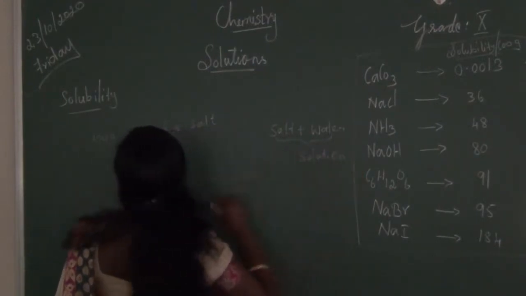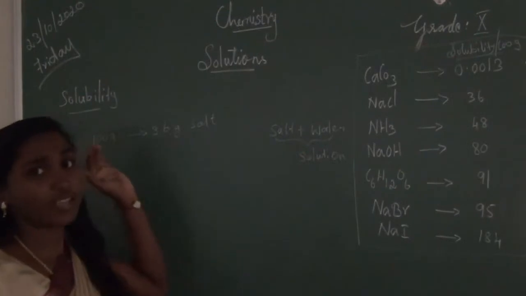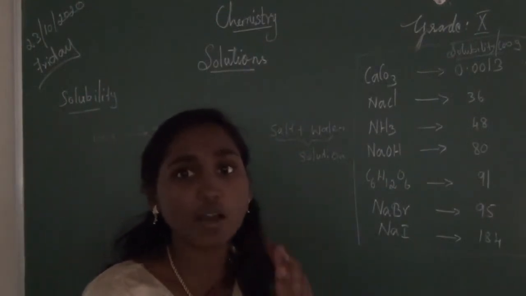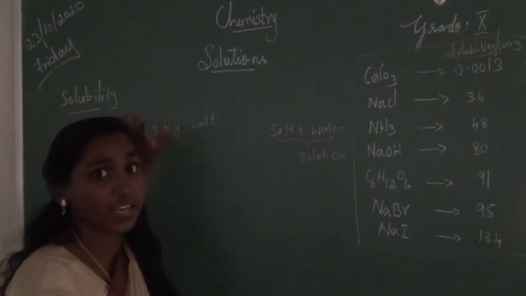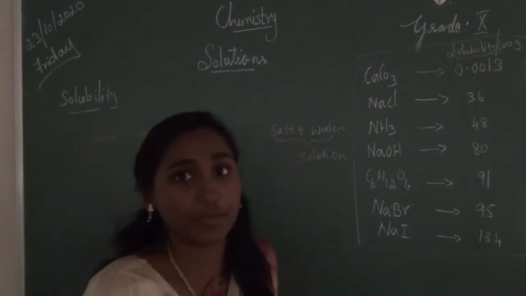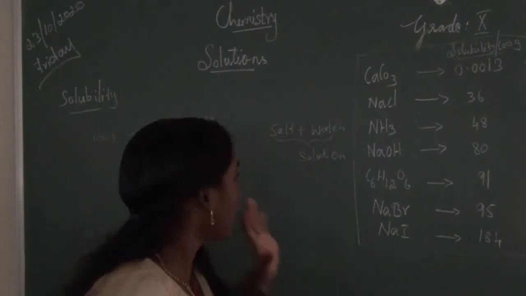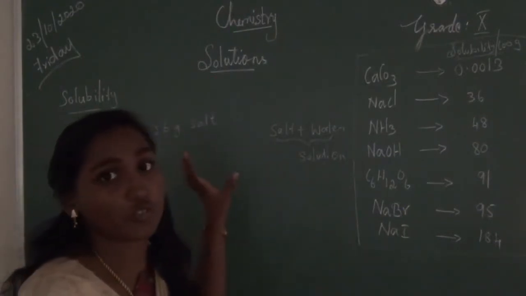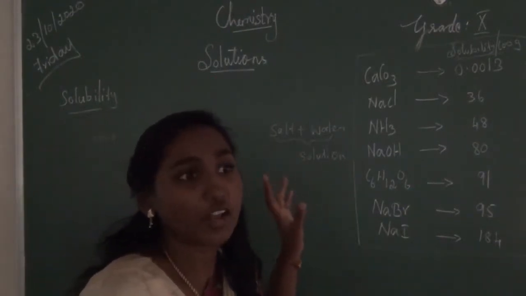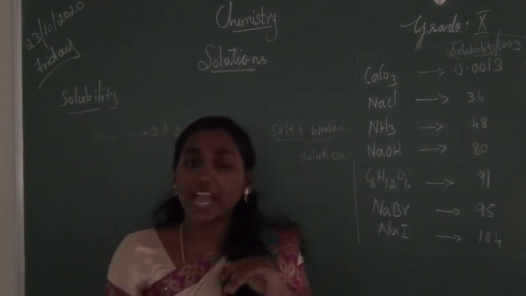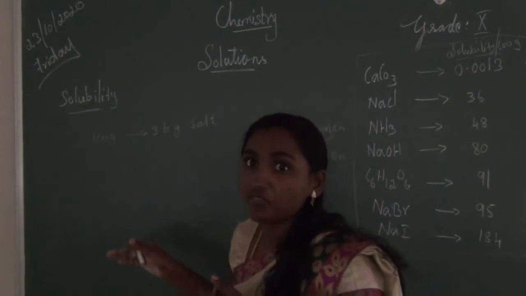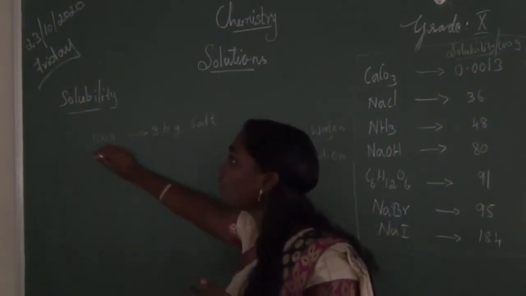So solubility means there is a limit to dissolve the solute in a particular amount of water at a definite temperature. Solubility is a measure of how many grams of salt can dissolve in a specified amount of solvent.